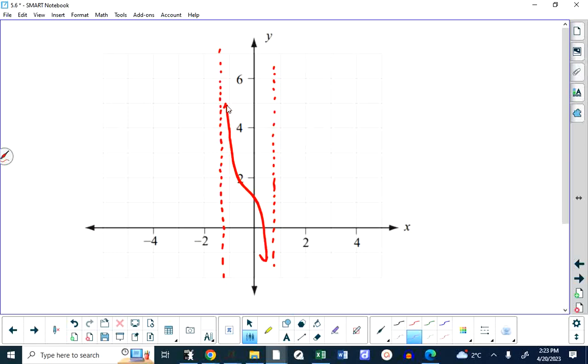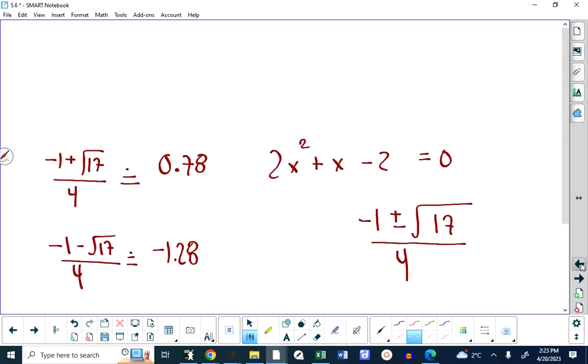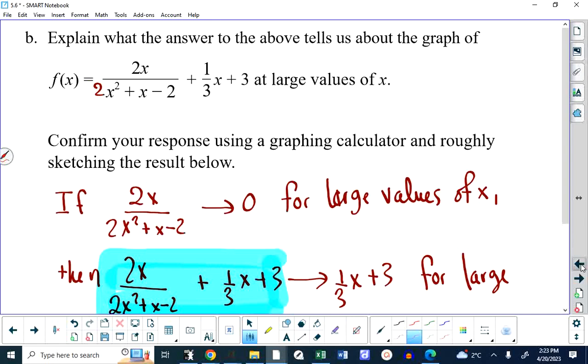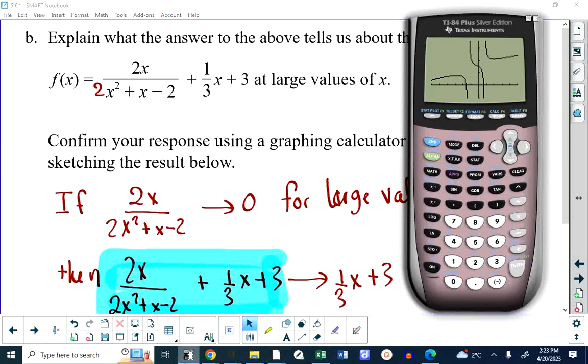But before we sketch them, the claim was that y equals 1/3 x plus 3 is an asymptote. Let's graph on the same grid y is equal to 1/3 x, which is x over 3, plus 3.